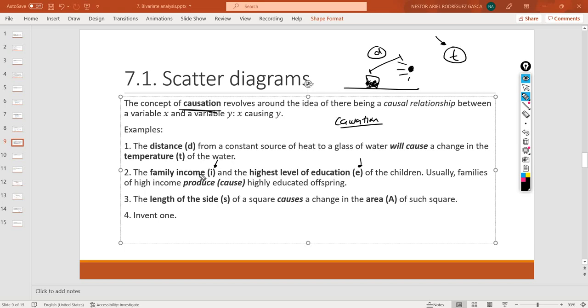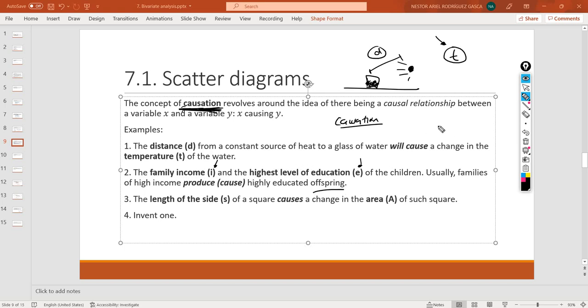I mean, they obviously correlate, but there is a causation behind that correlation. In what sense? Well, it's obvious that the more income the family has, the greater education they will be able to give to their offspring, right?